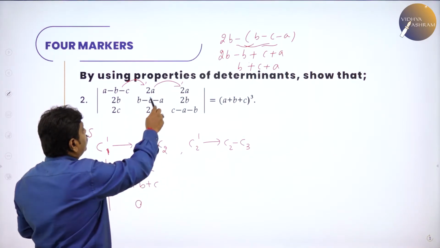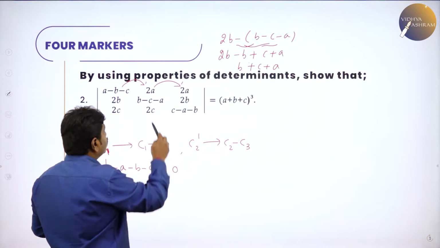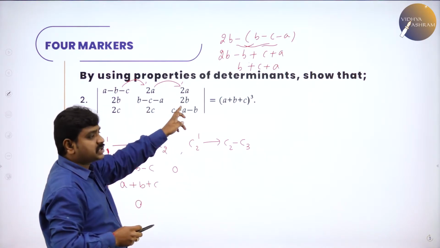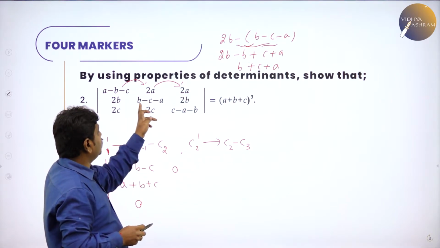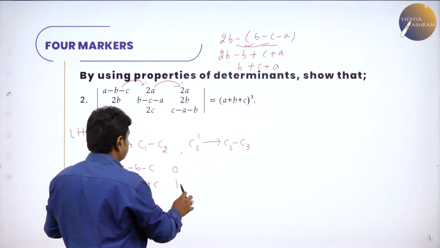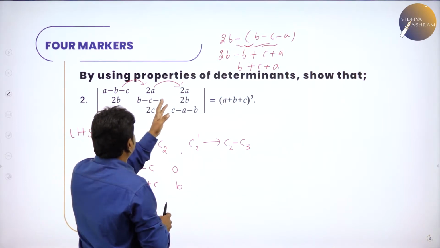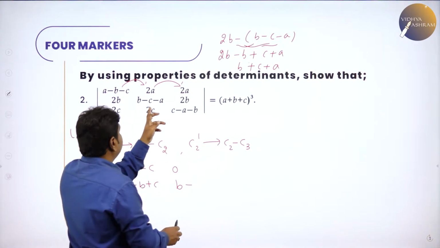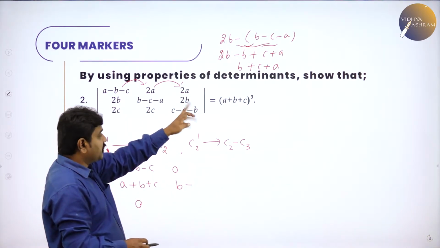C2 minus C3, 2a minus 2a, 0. B minus C minus a minus 2b. See, b minus b becomes b, minus 2b becomes b, or C2 minus C1, 2a minus 2. See here, if I am doing it, I am getting a different sign. Look, minus c minus a comes.